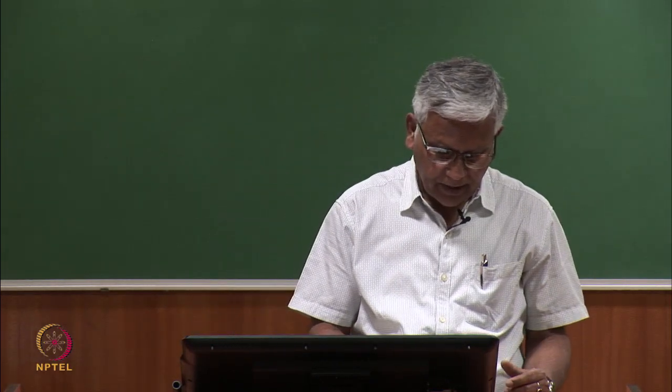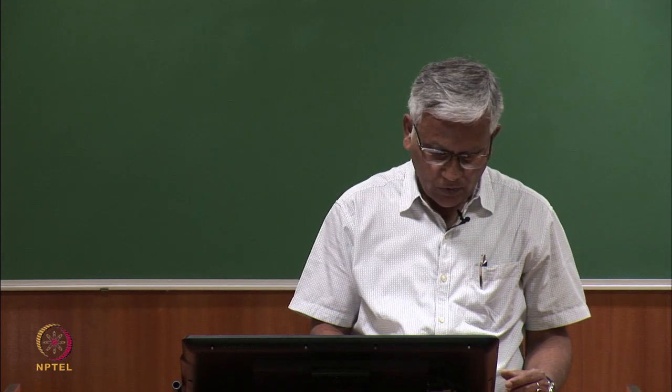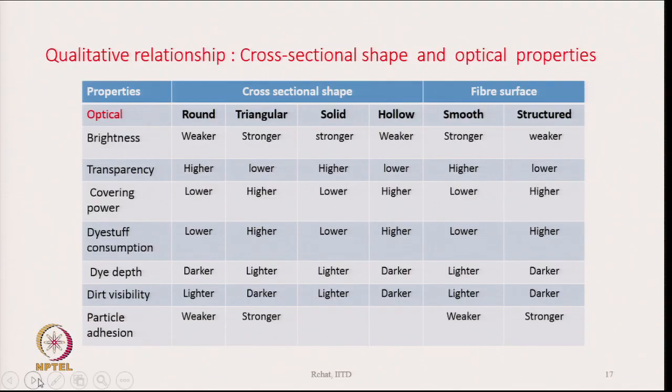So, each and every effect can be explained, but we should know how the various properties are affected. Like here also there is a table which is showing how the cross-sectional shape affects optical properties. The cross-sectional shapes and fiber surface are both shown here in a table, and qualitatively we are saying what happens to the brightness, transparency, covering power, dyestuff consumption, dye depth or dirt visibility.